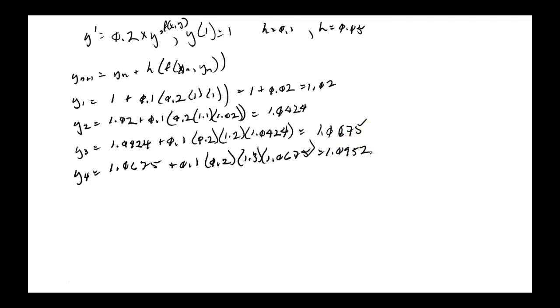Okay, and so you keep going, and finally their y sub 5, they say, is going to be 1.1259. Okay. They're going to do it with the 0.05s.